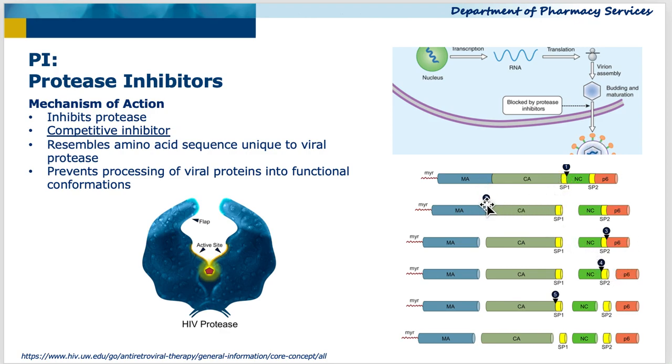HIV protease cleaves at all these sites and leads to all these active enzymes. These encode for protease, reverse transcriptase, and other enzymes that are involved in HIV replication so that they can be active to go on to infect another CD4 cell.